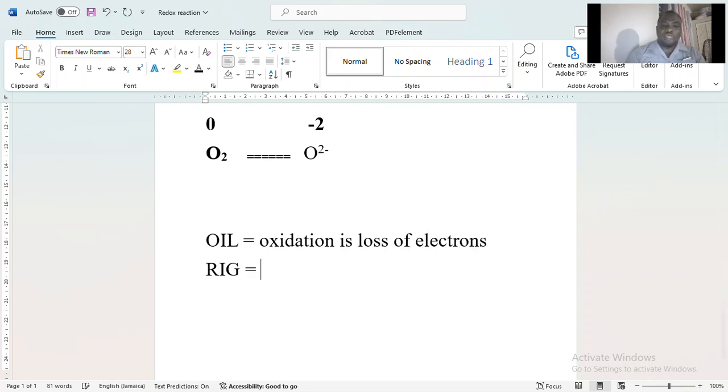While when we see reg, we say that reduction is gain of electrons. That's an easy way to remember it.